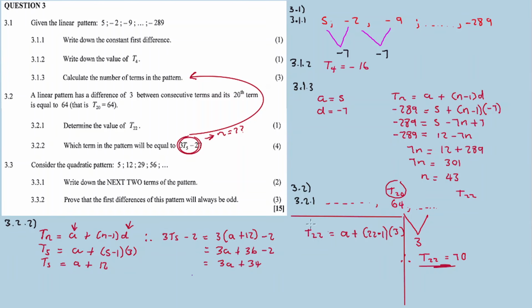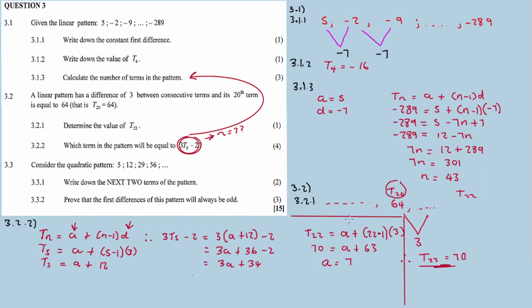Remember T22 is equal to 70. 22 minus 1 is 21. 21 times 3 is 63. So it's a plus 63, right? Then I calculate a by transposing the 63 to the left. 70 minus 63 is equal to 7. So a is equal to 7.